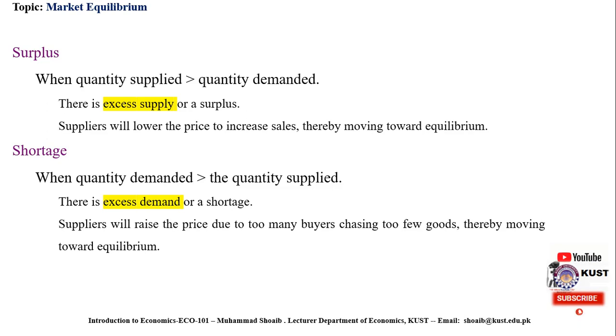Suppliers will lower the price to increase sales, thereby moving toward the equilibrium. Similarly, shortage is a situation in which the quantity demanded becomes greater than the quantity supplied, and there is excess demand. When the demand for a certain commodity increases beyond supply, we consider it excess demand. Suppliers will raise the price due to too many buyers chasing too few goods, thereby moving towards the equilibrium.